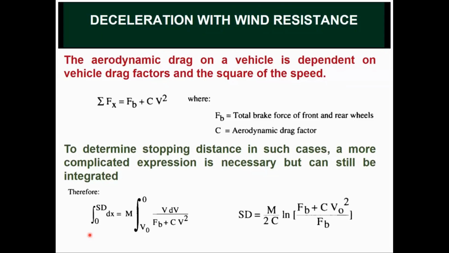Ini the equation lah. Summation of force at x-axis equal to Fb plus Cv square. Fb is the total brake force at front and rear wheels, and C is the aerodynamic drag factor. V of course is the vehicle punya velocity.